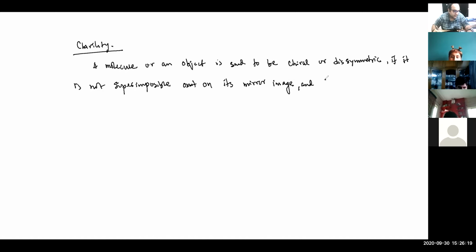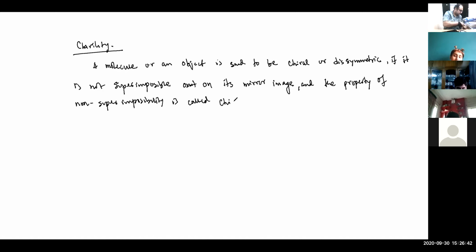And the property of non-superimposability is called chirality.